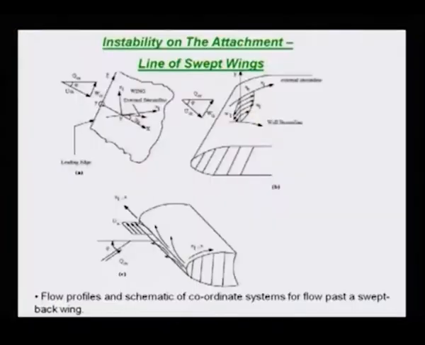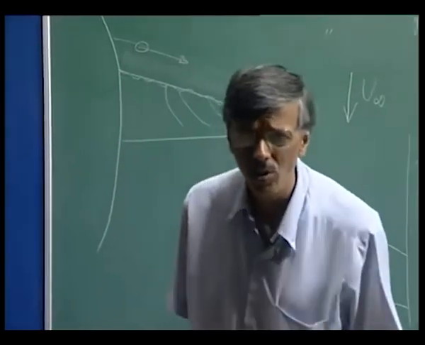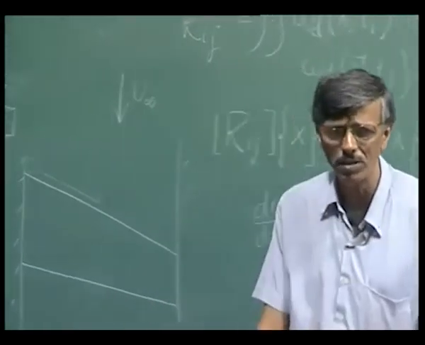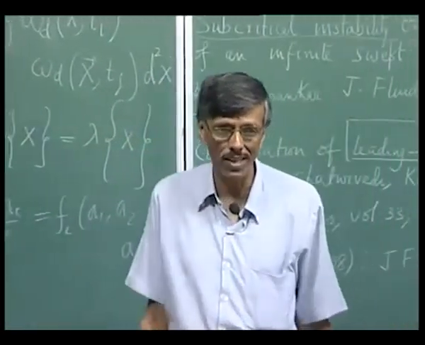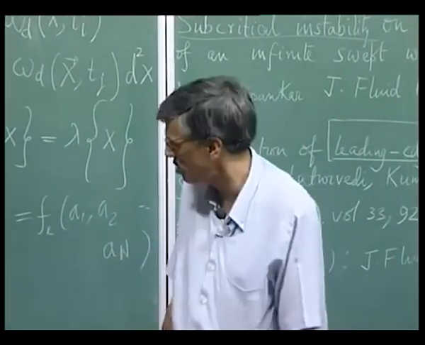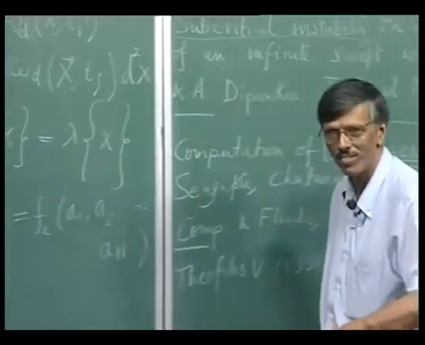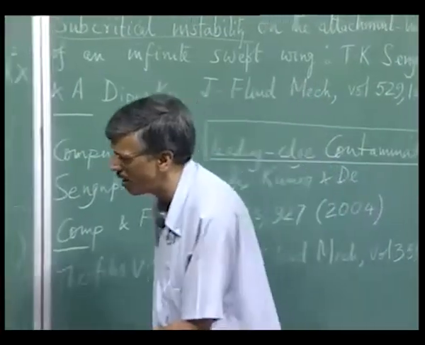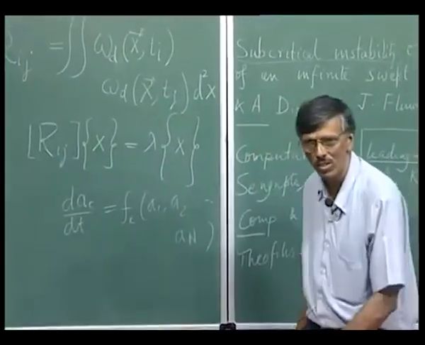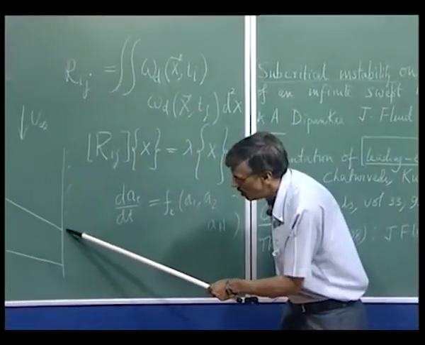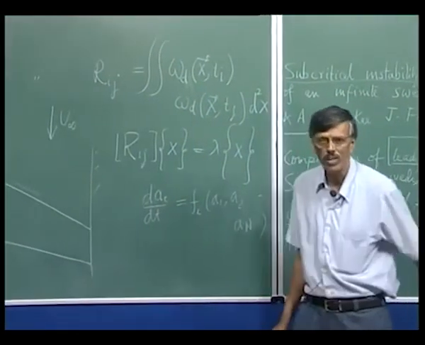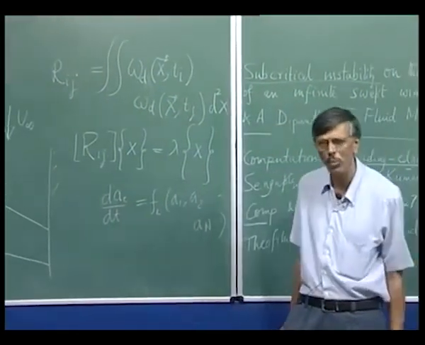Now, in this analysis that we are going to talk about, we will treat the wing as infinitely swept. Infinitely swept means that it is a never ending wing on this side. Okay? So, there are no wing tip effects involved, and that is not too bad actually.